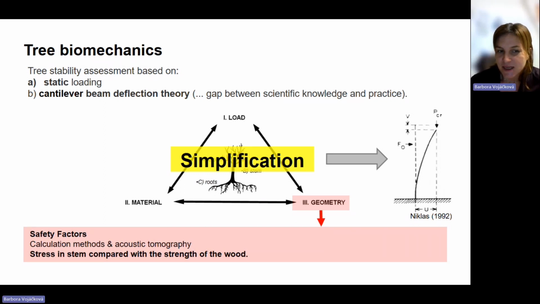Today I will be speaking about the safety factors which are usually used in some calculation methods, where we calculate safety factors based on some computation, or sometimes a similar safety factor is used when we are doing the assessment by acoustic tomography. So at the end, we also can get a safety factor based on a similar principle as the safety factors calculated from calculation methods, for example, wind load analysis or the SIA method or whatever.